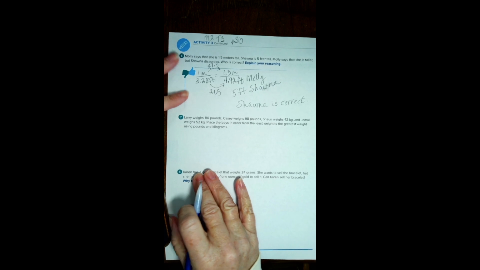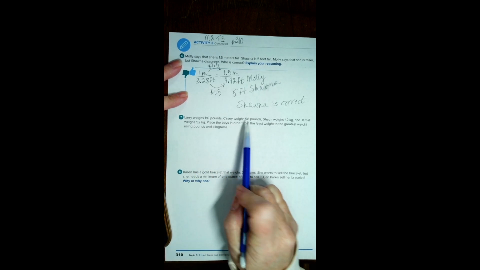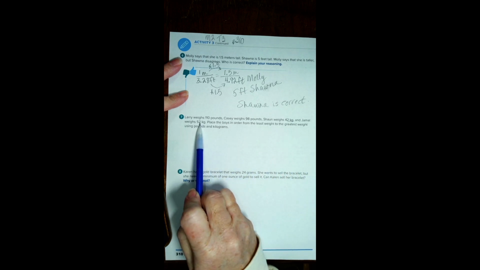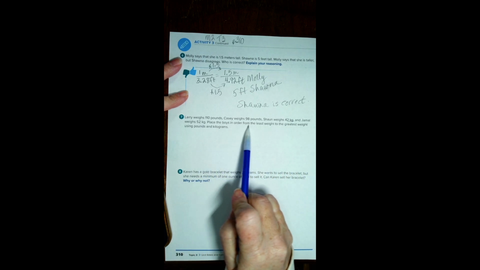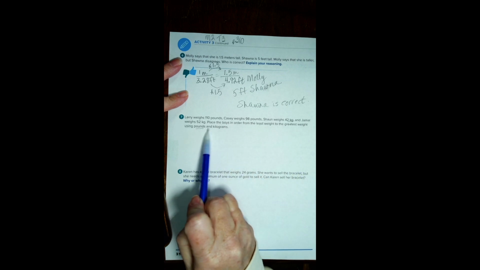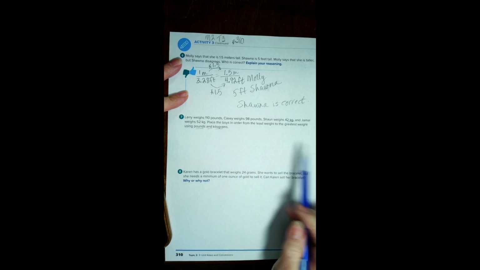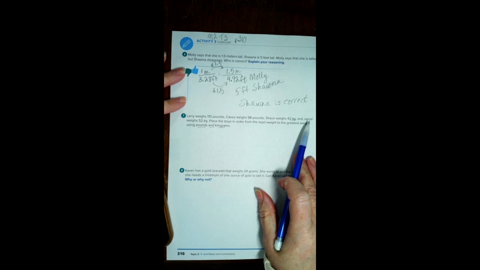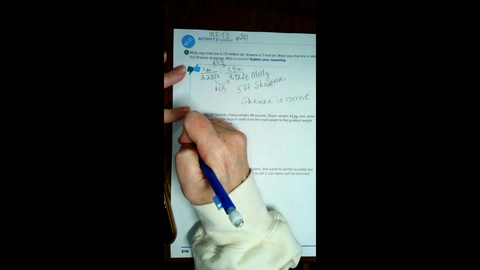Okay, Larry weighs 110 pounds. Casey weighs 98 pounds. Sean weighs 42 kilograms. Jamal weighs 52 kilograms. Place the boys in order from the least weight to the greatest weight using pounds and kilograms. Okay, so they want us to list each of these in pounds and kilograms. So let's start here with Larry.